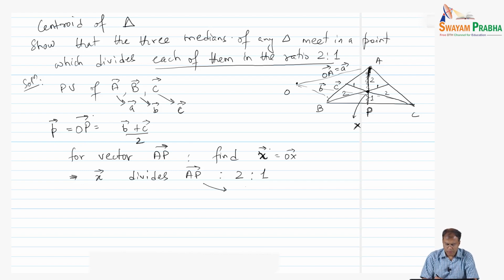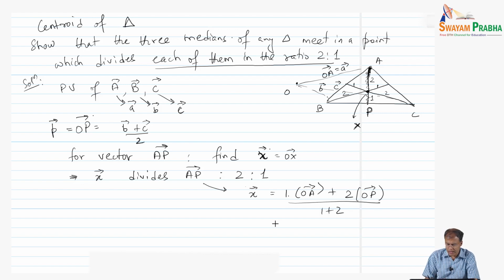Now the position vector of x, using our previous result, is x equals 1 times the position vector of A, which is OA, plus 2 times the position vector of P, which is OP, divided by 1 plus 2, which is 3.